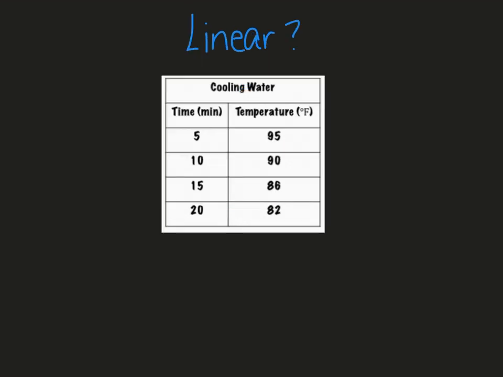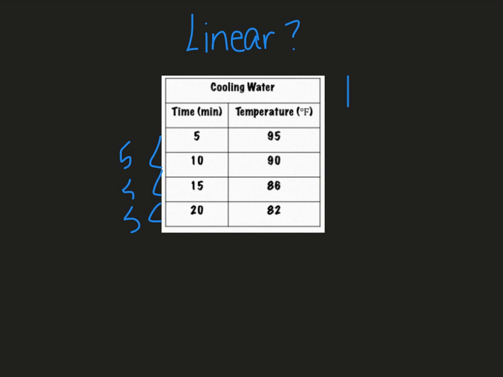Okay, let's look at this one from yesterday. This is one of our equations to see if it was linear. We knew that the x's were going up by 5 minutes, but we knew that the temperature did not start cooling off at a constant rate.